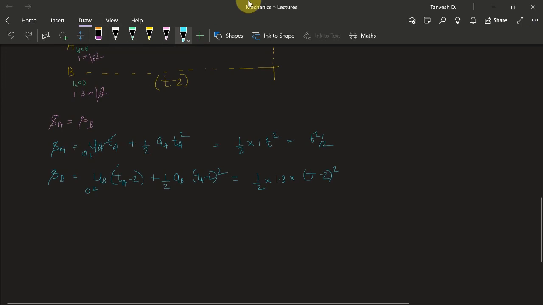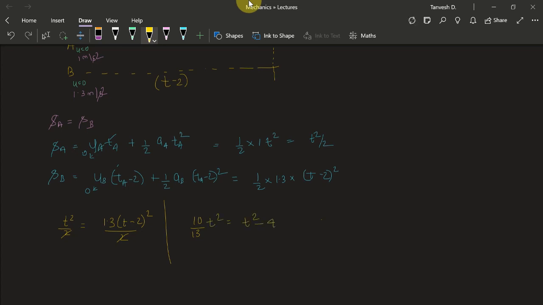So we can write here t square by 2 is equal to 1.3 into t minus 2 the whole square by 2. So this 2 will get cancelled, and this 1.3 can be written as 13 by 10. So I'll write it as 10 by 13 t square is equal to t square minus 4t plus 4, right?